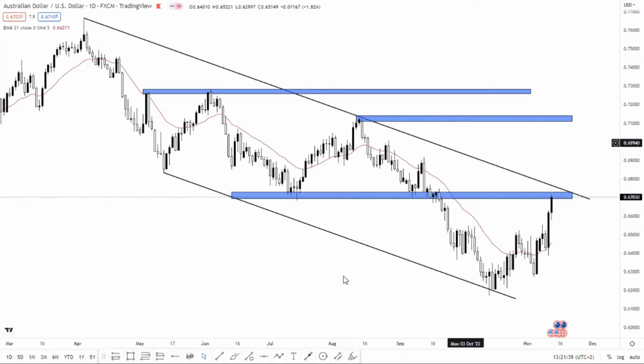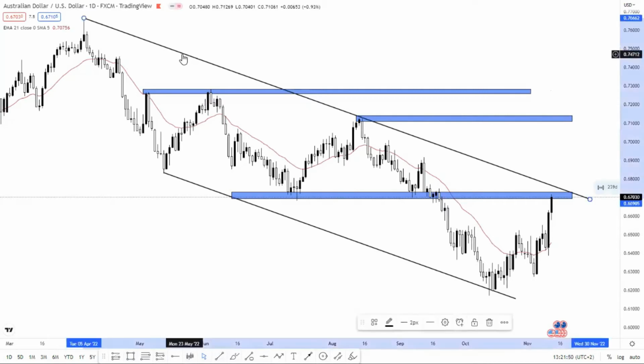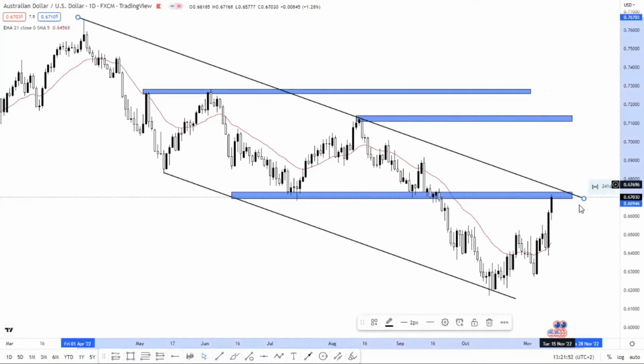So now look at what we have here on AUDUSD. We have a beautiful trend line showing us a beautiful trend. We have one touch, this is our second touch, then we have our third touch here.